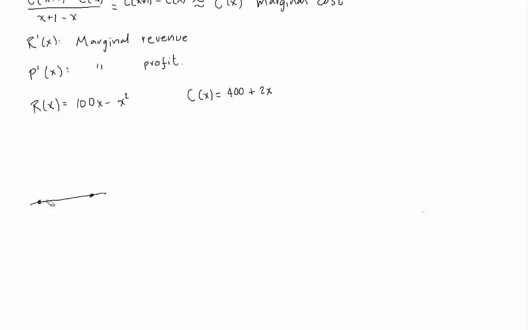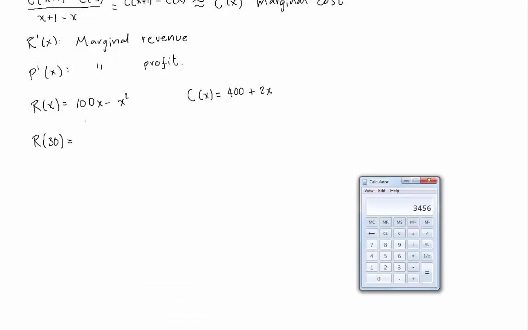Let me erase my ugly picture. And so let's say we want to find out what would be the revenue when we're selling 30 units, for example. Well, we would have to plug it in our calculator, 100 times 30 minus 30 squared.